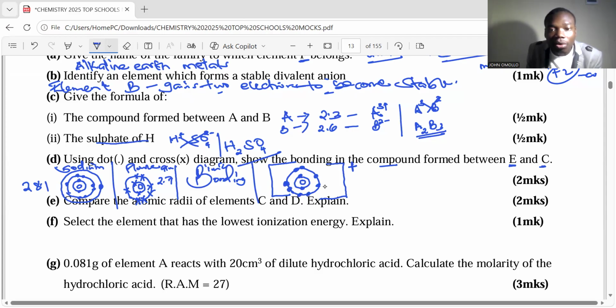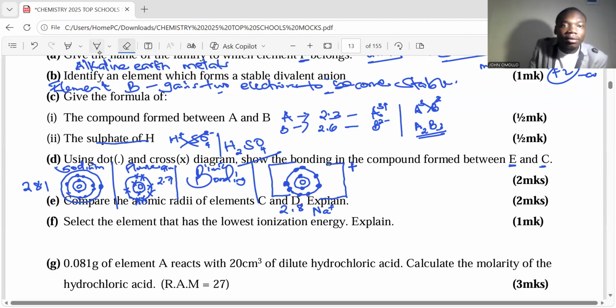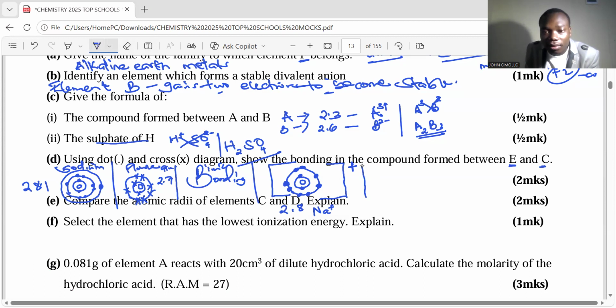So it is going to lose 1 electron so that it remains stable. It's going to be 2, 8. This is the sodium ion. So remember, a compound is going to be formed, sodium fluoride. So fluorine is going to be here.